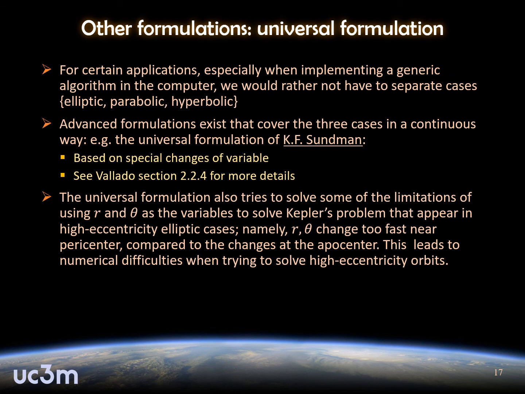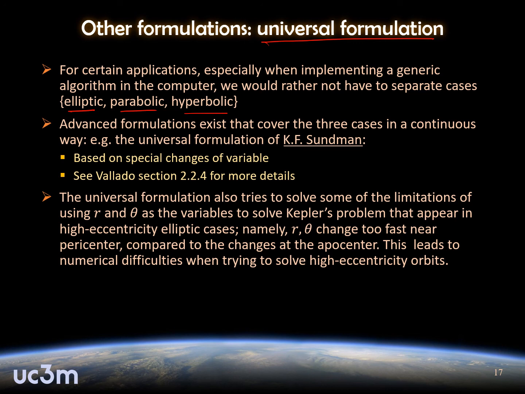To conclude this lecture, let us just talk a little bit about the so-called universal formulation. You see, we have solved separately the elliptic, parabolic, and hyperbolic case. In each case, we are using a different change of variable to integrate the time equation. So we have a different anomaly that we have to use for each of the cases.